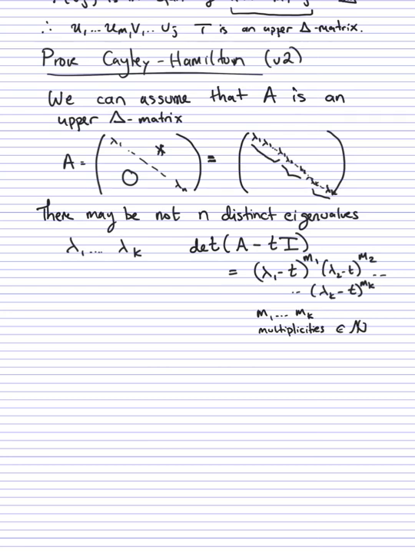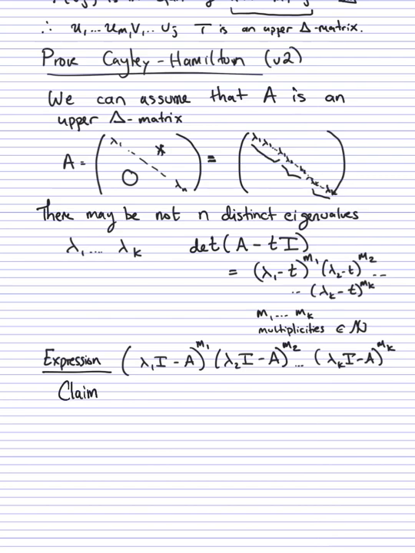Okay, so now the expression that we have to look at is the expression as a product of matrices. Exactly (lambda 1 I minus A) to the m1, (lambda 2 I minus A) to the m2, up through (lambda k I minus A) to the mk. Okay, so now the claim is that this is equal to 0.